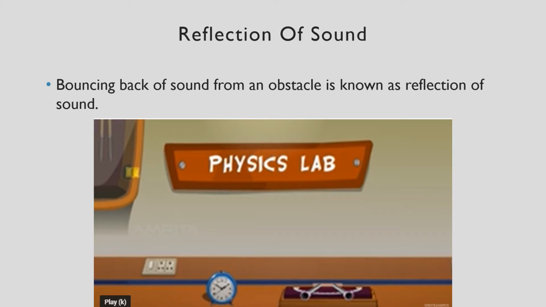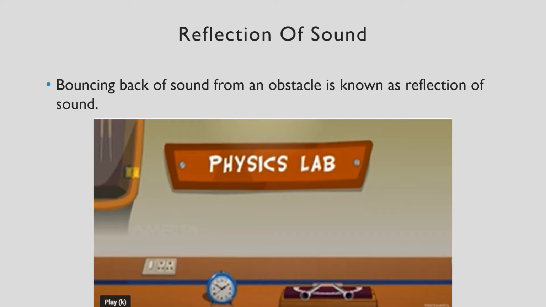So reflection of sound is the process of bouncing back of sound when it hits an obstacle. So here the same thing happens as it happens in light. So when a wave travels and hits an obstacle, it bounces back to the same medium where it came from. So this process is called the reflection of sound.